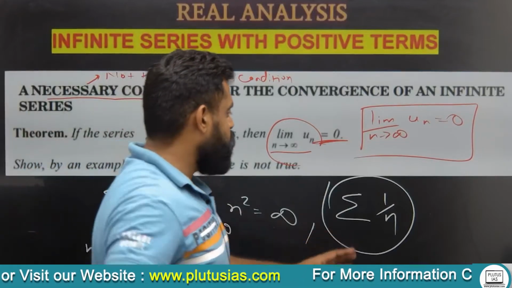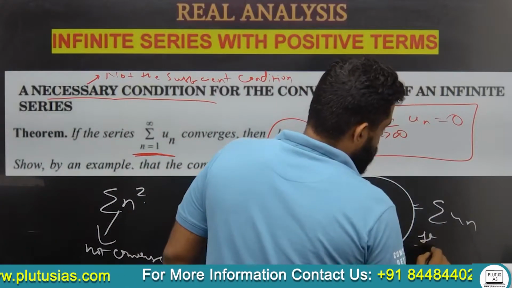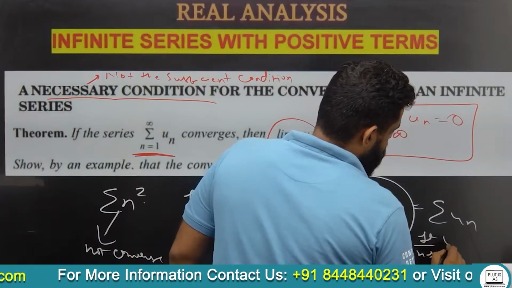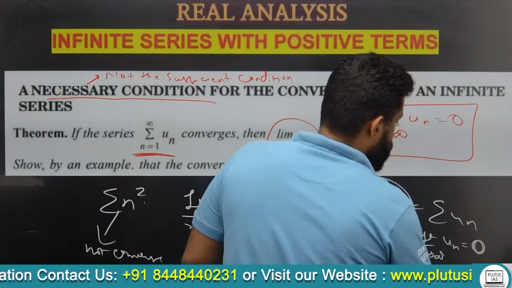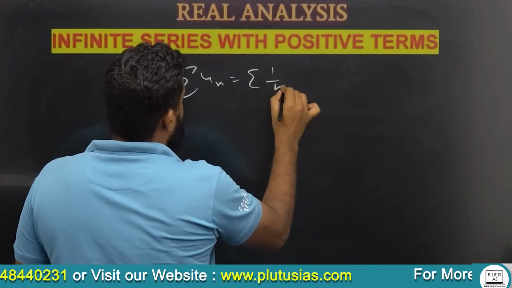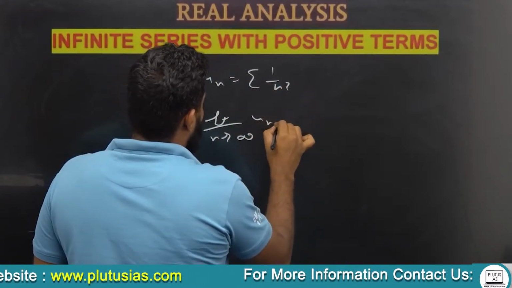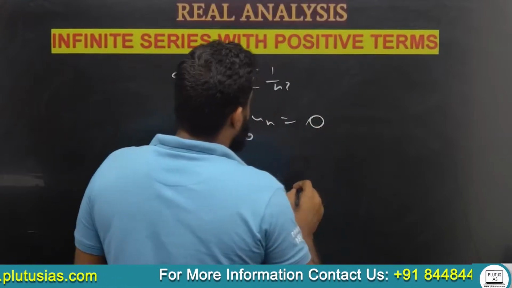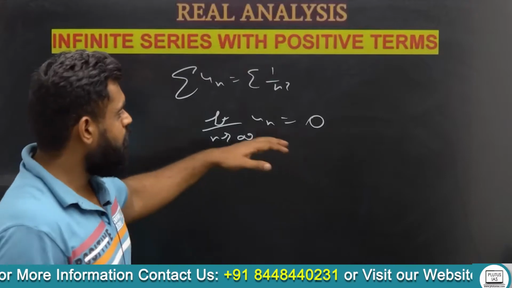But if it is 0, let's say in this case, limit n tends to infinity, un is equal to 0. In this case also it is equal to 0, but this does not give the whole proof that it will be convergent.